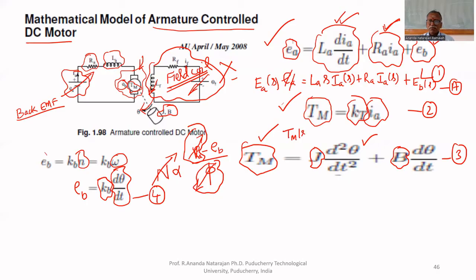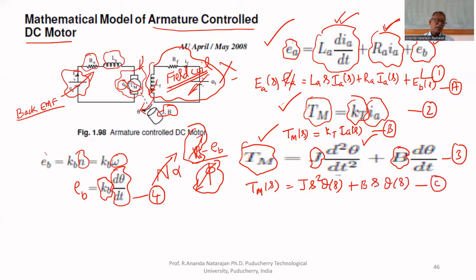Tm of S equals KT IA of S, this is the second equation B. Next, Tm of S equals J S square theta of S plus B S theta of S, another equation in the frequency domain. And EB of S equals KB S theta of S. If you combine all these together, you will get the transfer function.